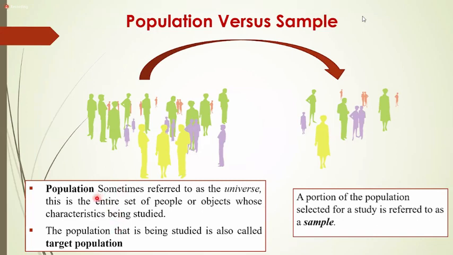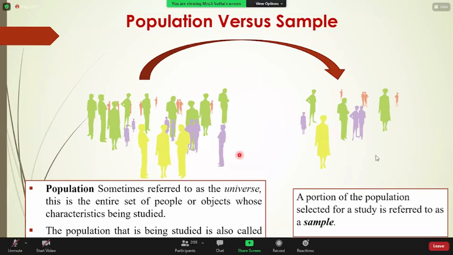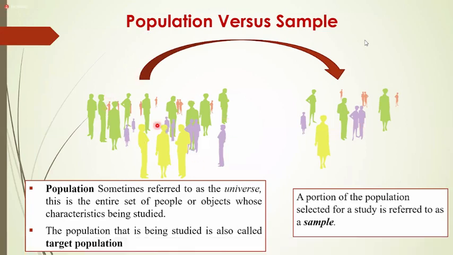Now, we are looking at what the population is. From this diagram, what do you think? The population is a large one compared to the sample, and we are picking some members from this population to construct a sample.